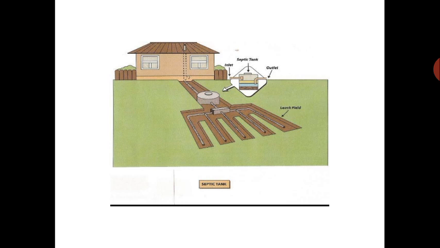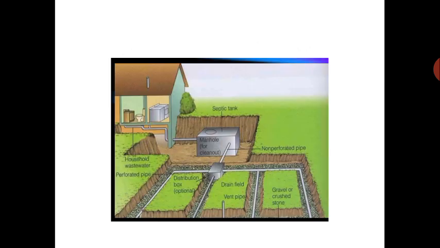In those trenches, one pipe will be there. That pipe is made up of small holes. Through those small holes, whatever the water is coming from the septic tank will percolate into the materials. Automatically, the BOD is going to be reduced.